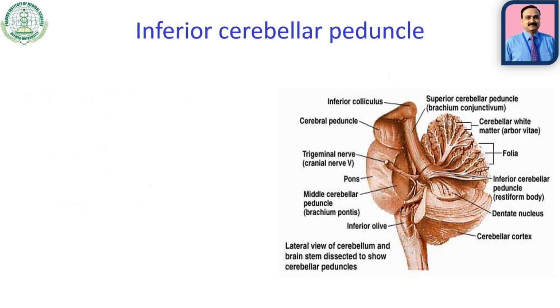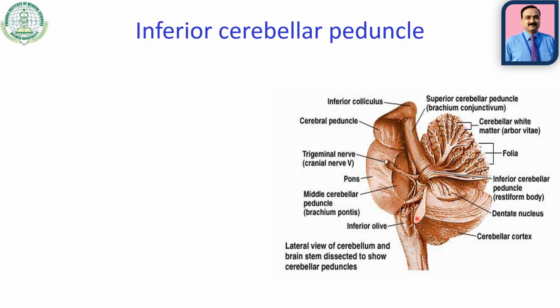Now coming to the inferior cerebellar peduncle. It is a bundle of white fibers connecting the cerebellum to the medulla oblongata. It begins at the middle of the posterior part of the medulla oblongata and passes upwards and laterally, forming the lower lateral boundary of the fourth ventricle.